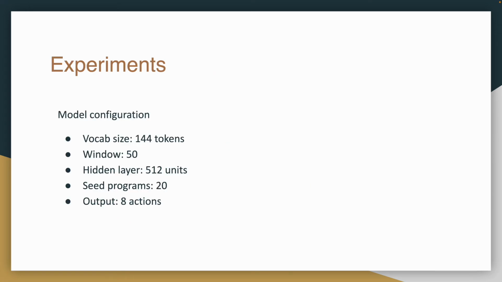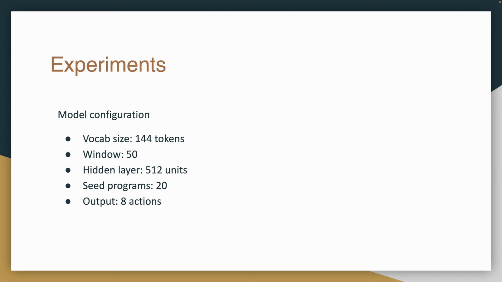Here comes our experimental part. In our evaluation, we randomly sample 20 C programs from the test suite of GCC as our benchmark dataset, and our vocabulary size is 144 tokens.